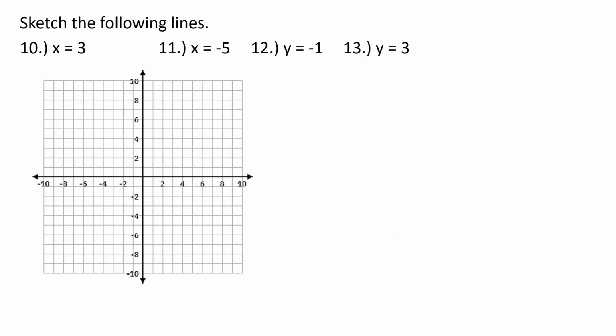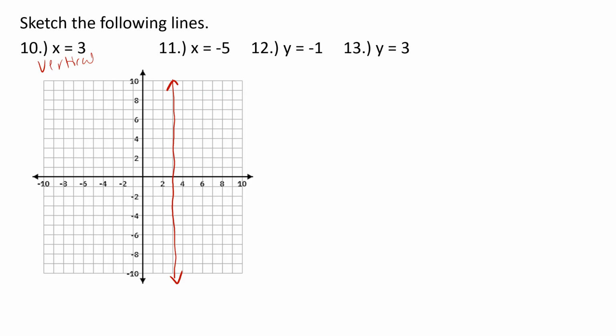Sketch the following lines. So I'll pull some different colors here. So x is equal to 3. That will be a vertical line going through x is 3. So that would be right there. And you do want to put the arrows on it. I know that on an earlier graph, the vertical lines don't have arrows on them, and that's just the program that I'm using to graph them doesn't want to do that for the vertical ones, but they should be there.